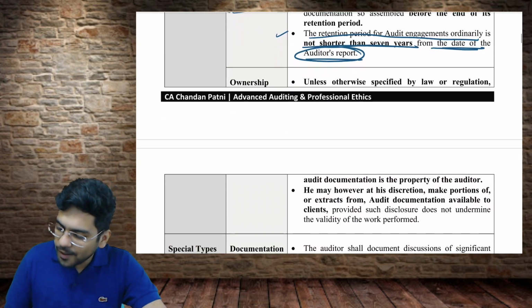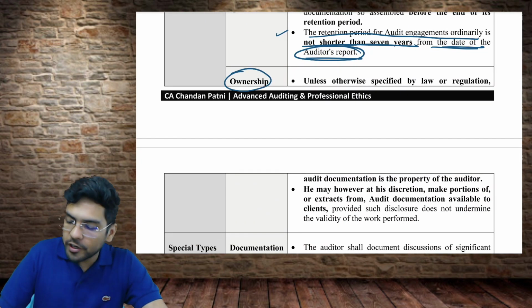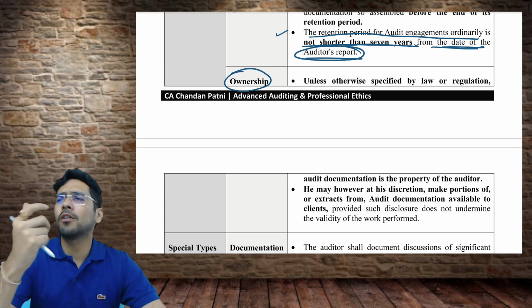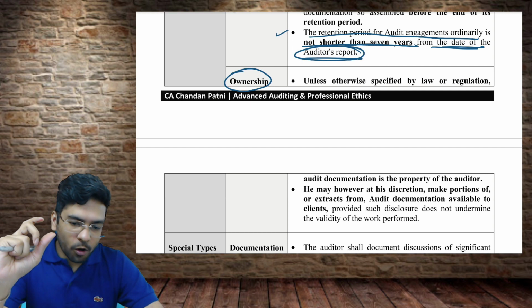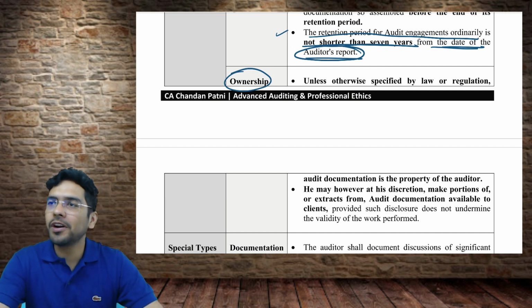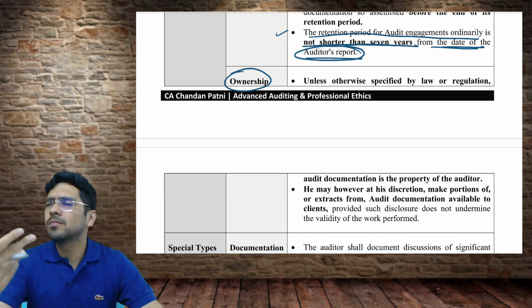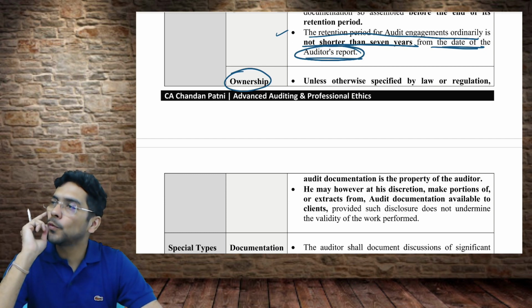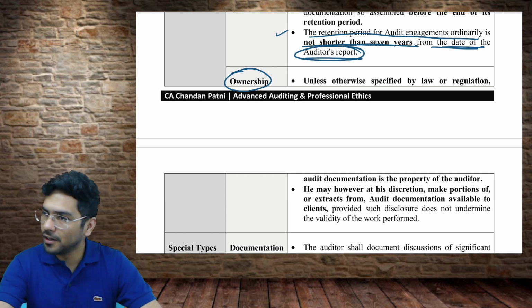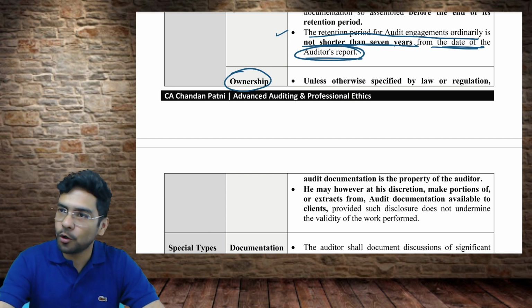Now finally, when I talk about ownership, who is the owner of the working paper? The auditor. So the auditor is the owner of the working paper. Now if I put it in simple terms, should he be sharing his working papers with everyone? No. The confidentiality clause needs to be kept in mind, which we covered in SA 200, right?